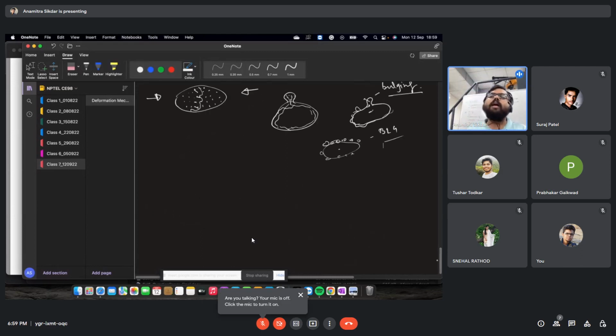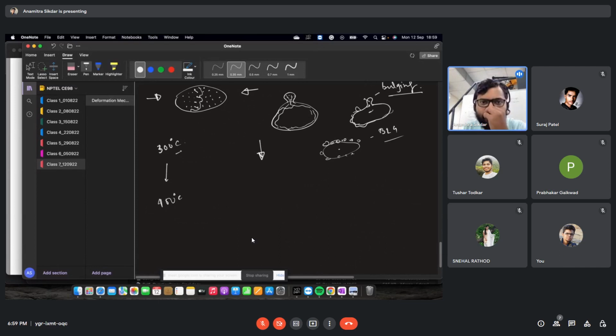Okay. If you increase the temperature of deformation, or increase the deformation, say this happens at a temperature around 300 degrees centigrade, and after that you are around 400, this is actually mineral specific, all right.